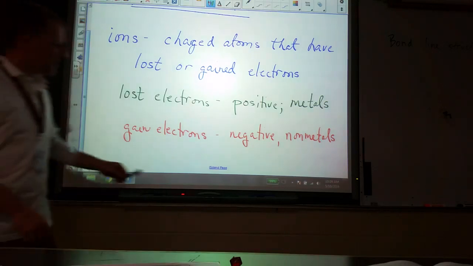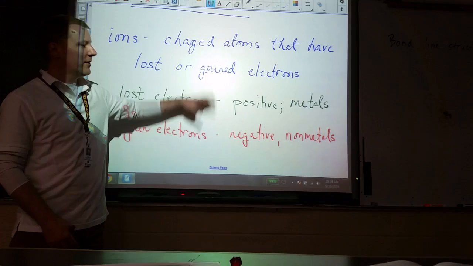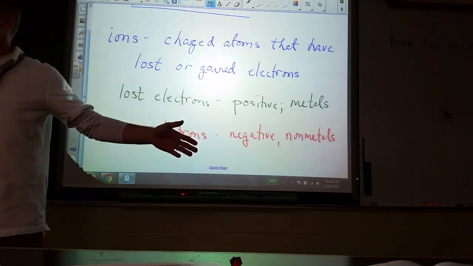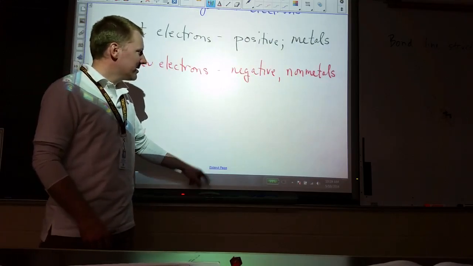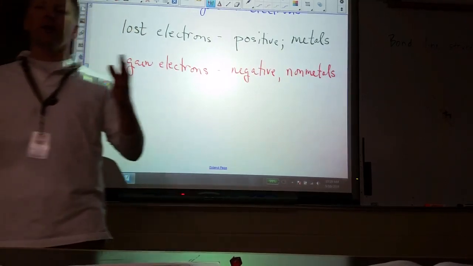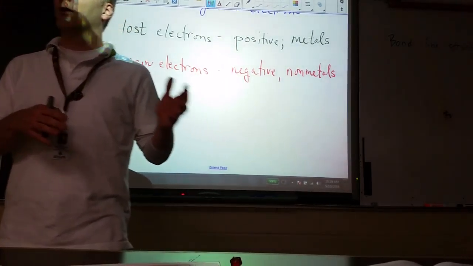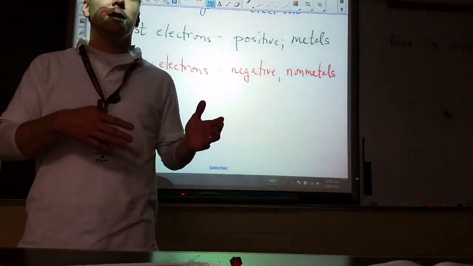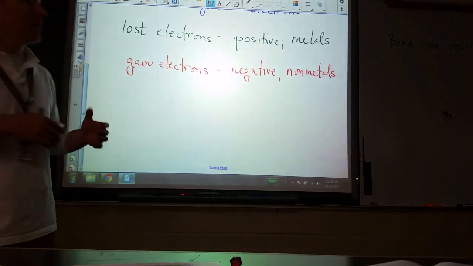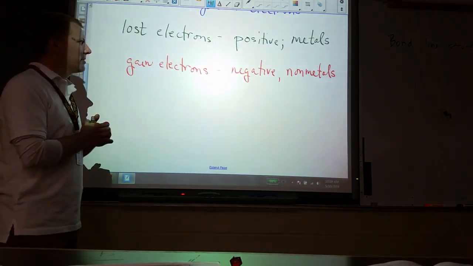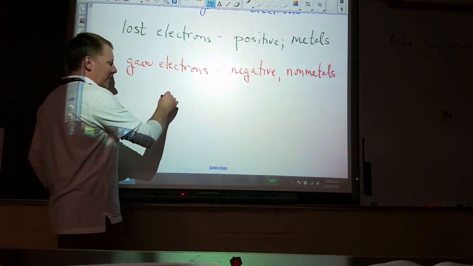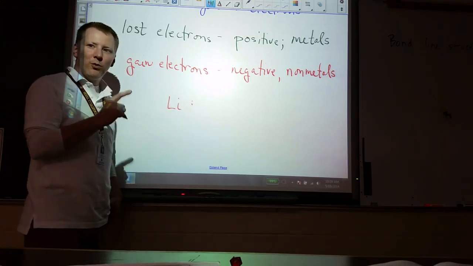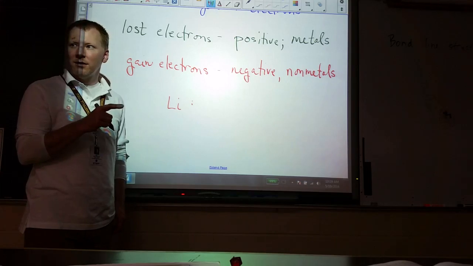For our first assignment, part of it is just going to be write down the charge of these. So what you want to do is say, all right, I'm either going to go towards 0 or towards 8. How many electrons am I going to give up or am I going to get? So we had an example of lithium. Lithium had 1 valence electron.